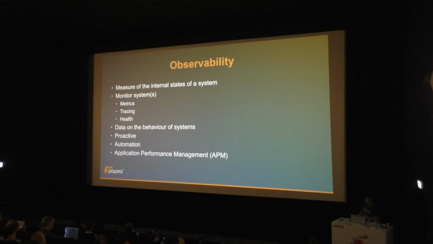Most of the things that we are interested in, those metrics, are the classic ones, of course, things like CPU usage and memory usage. But there is more that can be helpful in this case for the monitoring, and which is called tracing. I'll give you an example in one of the next slides.